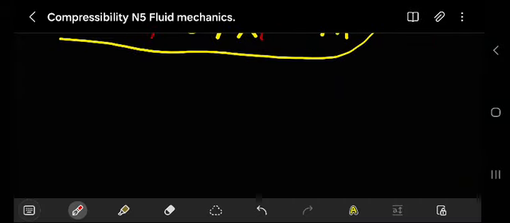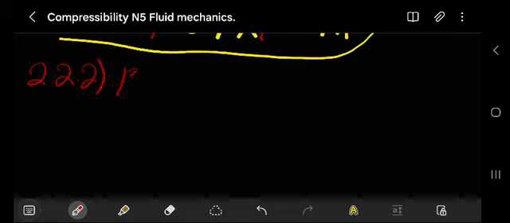Now we have here 2.2.2. The pressure is equal to the force applied on the piston divided by area. This is the formula.